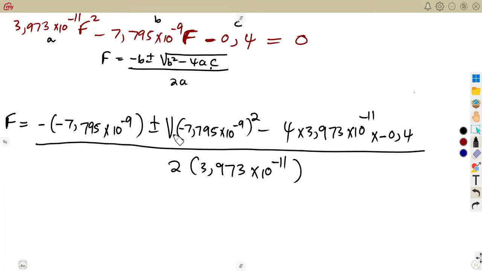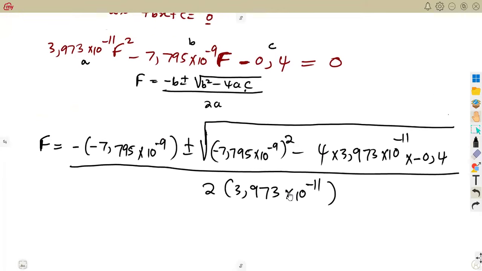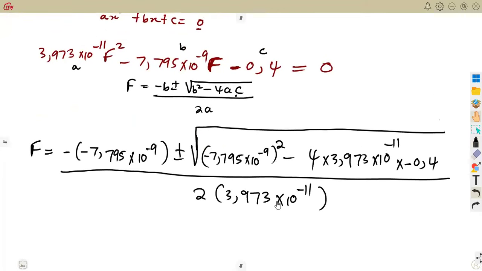So this whole part here is under the square root, like that. So this is what we have. You can use your calculator there. Just a normal quadratic. You start with a plus, you get your answer there. So if you start with the plus, you are going to get your f.